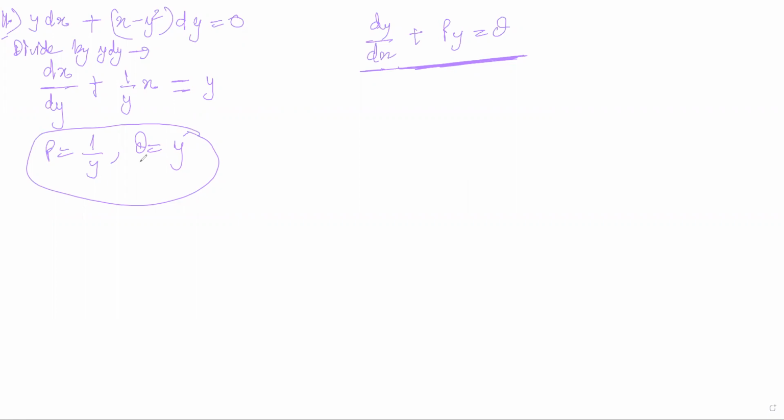Now let's come to the miscellaneous exercise, page number 419. I do not want you to solve every question. I just want to know what kind of differential equation it is. How would you solve it? I'm only interested in you understanding the form of differential equation. If you can correctly identify the form, I'm 100% sure you'll be able to solve it.